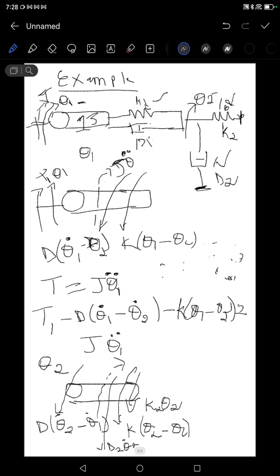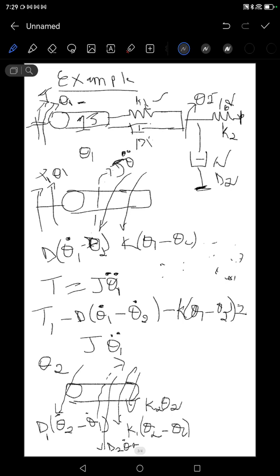So in our equation of motion, we're going to have damper 1 and damper 2, and also K1 and K2. Remember, we don't have torque, and we also don't have the inertia, since we're not given them. Here the free body diagram just helps us determine the energy acting on theta 2.